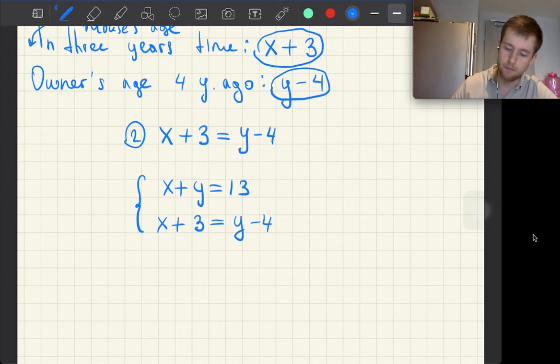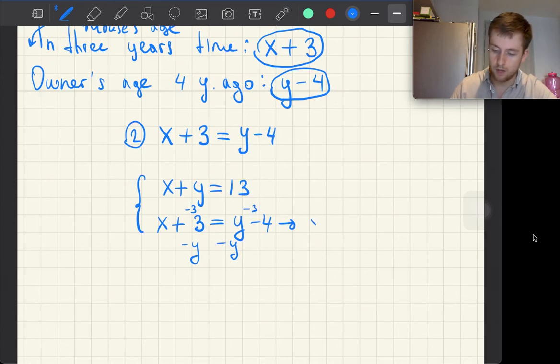If we rearrange the second equation a little bit, we subtract y from both sides and also subtract 3 from both sides, two things at the same time, so that we have x minus y equals minus 7, and x plus y equals 13.